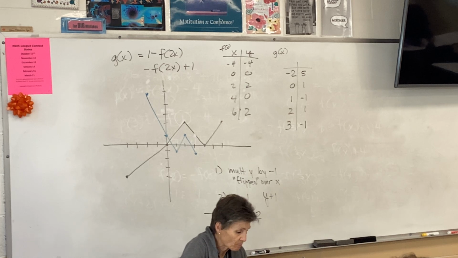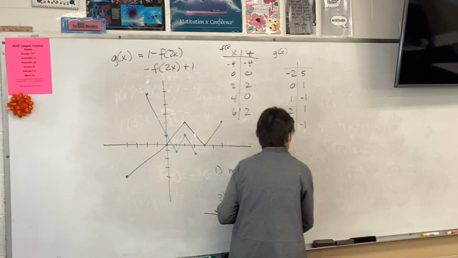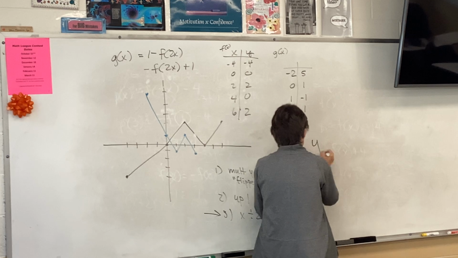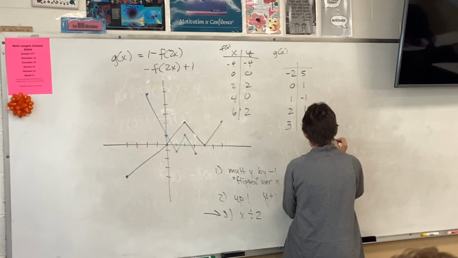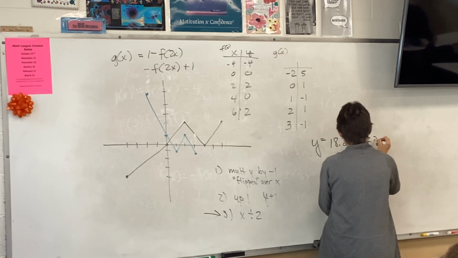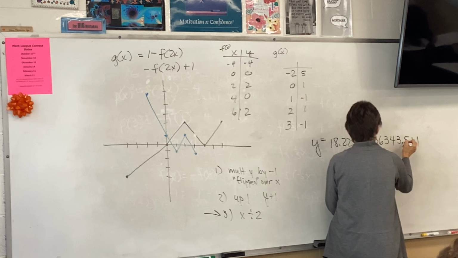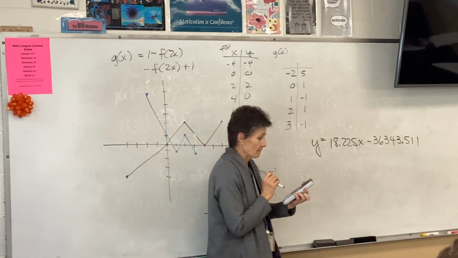I entered the data exactly as presented in the problem. I didn't modify anything. And my equation came out to be 18.225x minus 36343.511. How does that look? Does yours look like that? Yep.